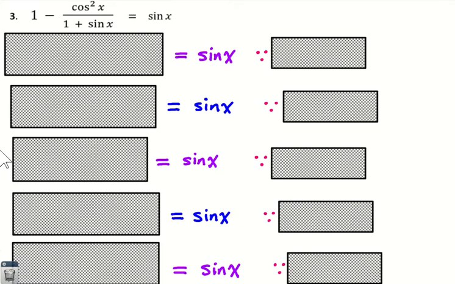Number three. All right, looks like we have this 1 minus. You know what? The homework and the quiz from section 2.1 are, as I make this video, fresh in my mind.